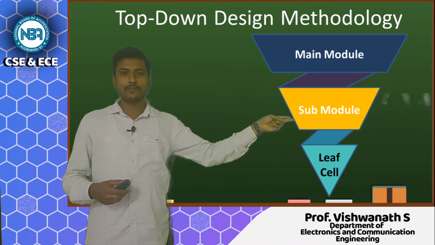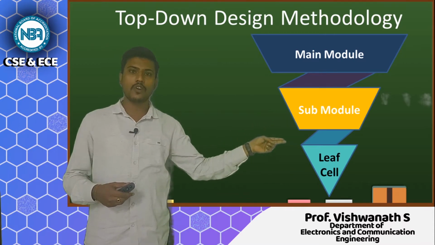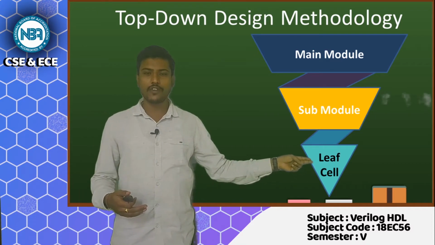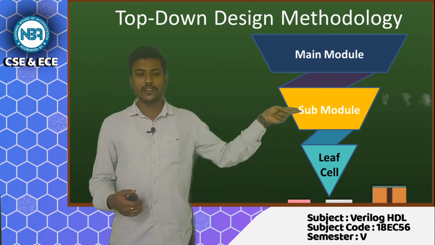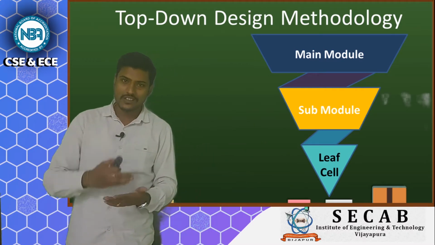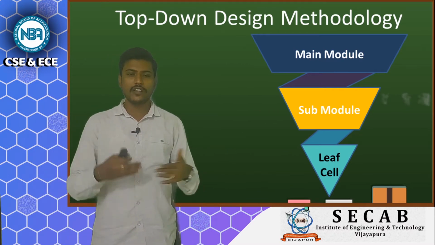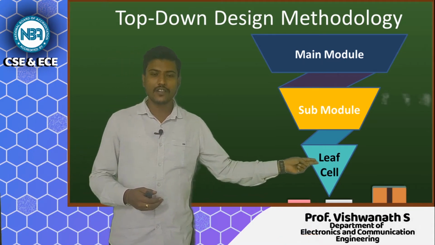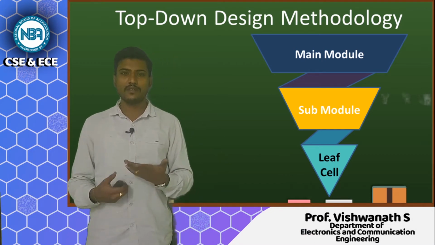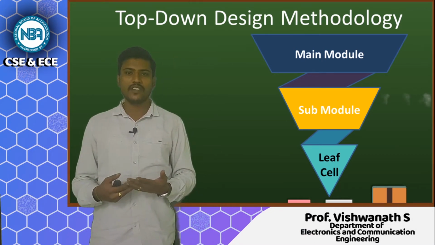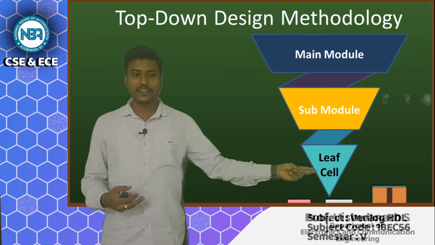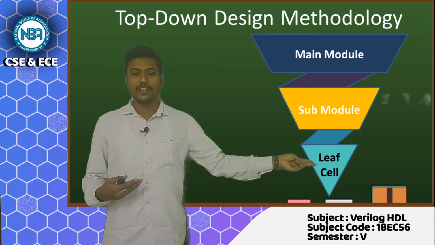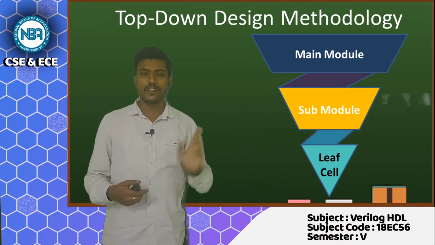If we have not yet come across the leaf cell, then these sub blocks will be further divided into sub blocks, which you can call sub blocks 1 or sub blocks 2, until we reach the leaf cell. So, what is a leaf cell? A leaf cell is nothing but gates and flip flops. Unless and until we achieve our design in terms of gates and flip flops, the methodology will not stop here.